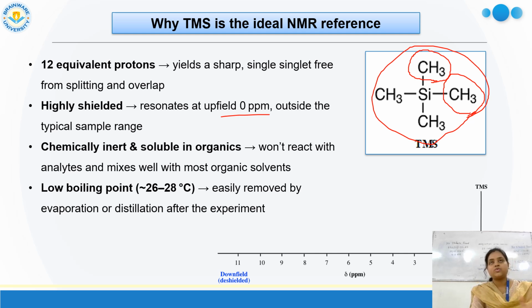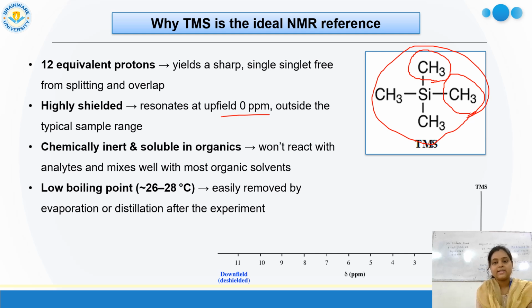If the reference we are taking is chemically reactive, and it reacts with our sample compound, then I will not get my desired peak; I will get some other peak after the reaction. So we have to choose a reference which will show a single peak and will be chemically inert.